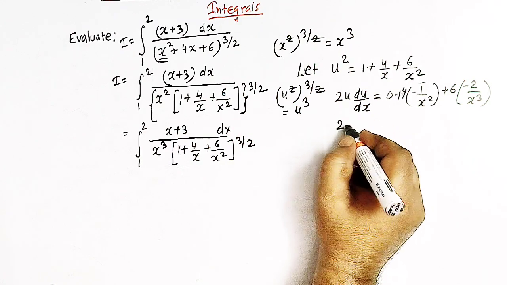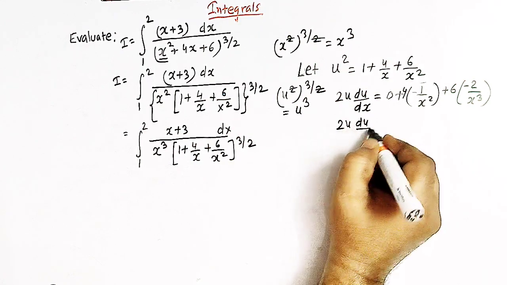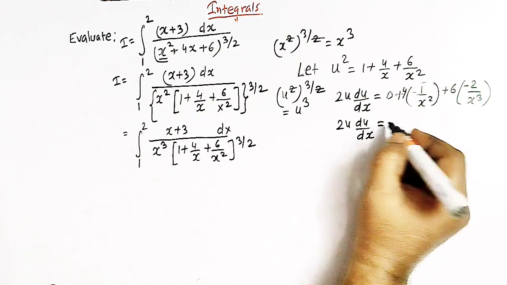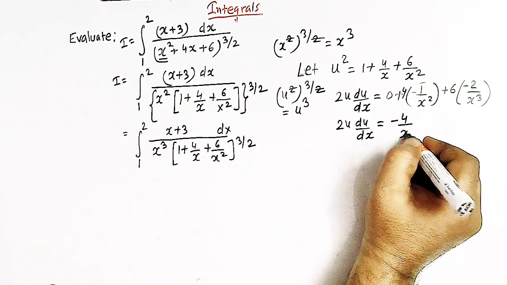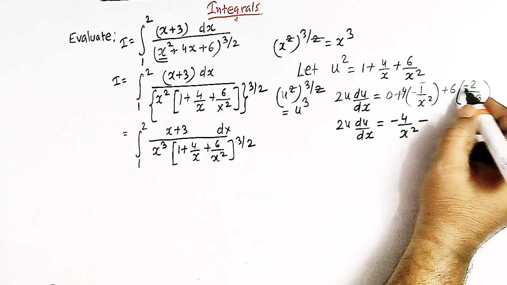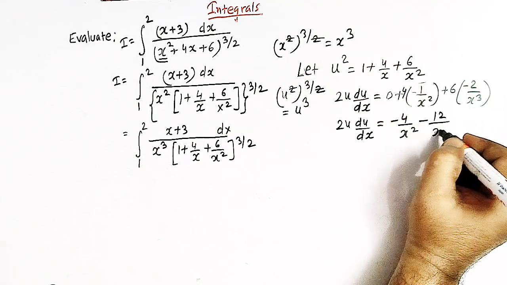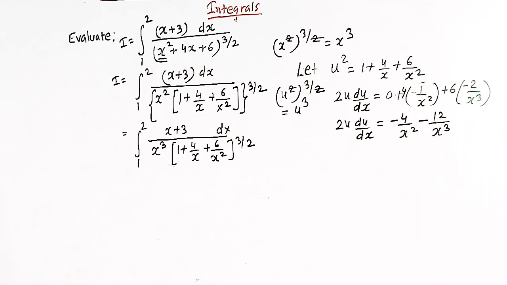So now we have 2u du over dx is equal to minus 4 over x square, and here we have minus 12 over x cube, right?